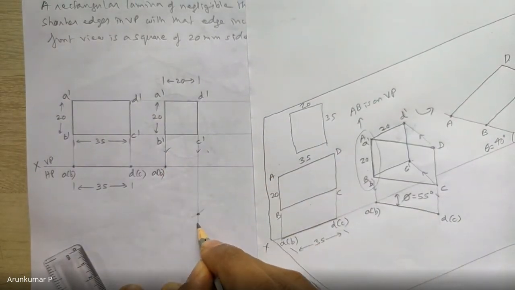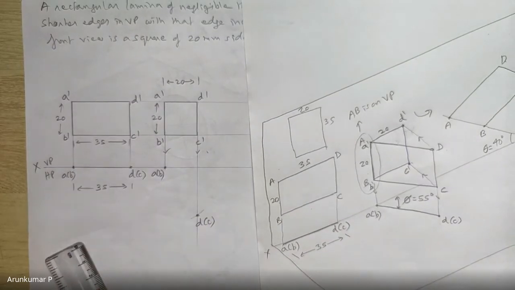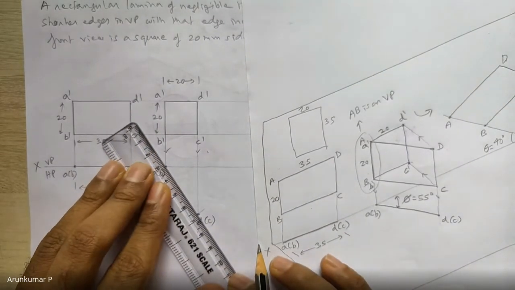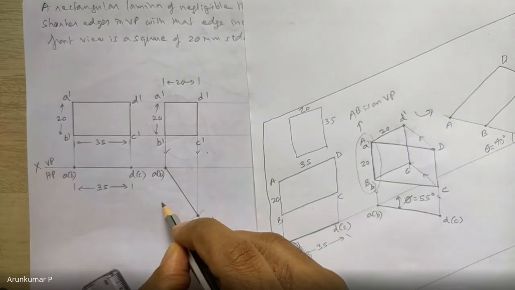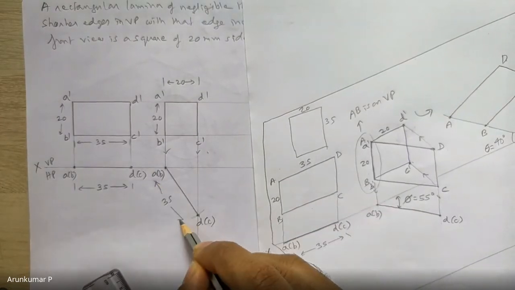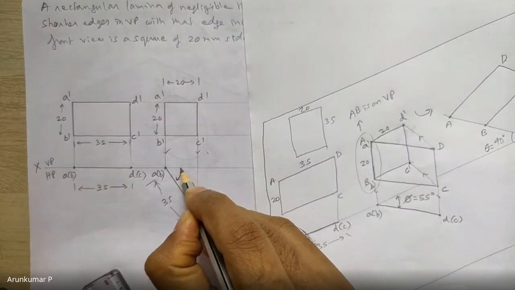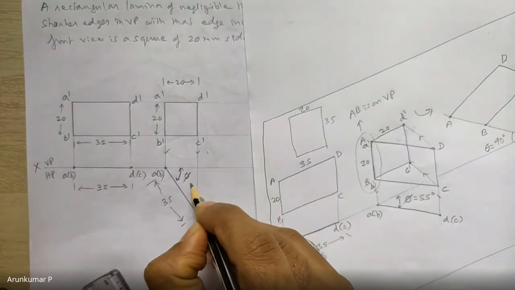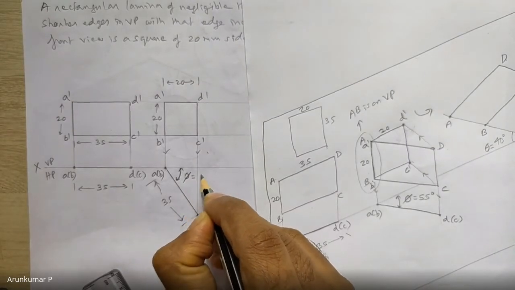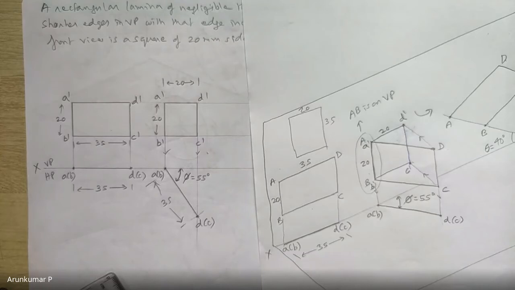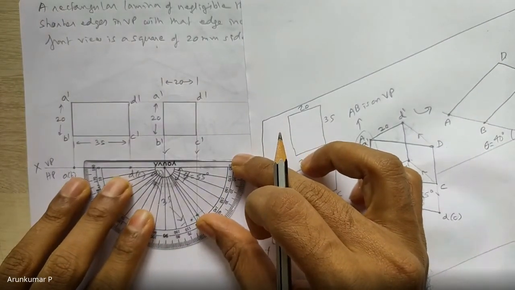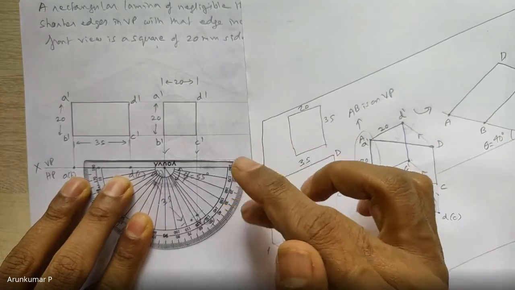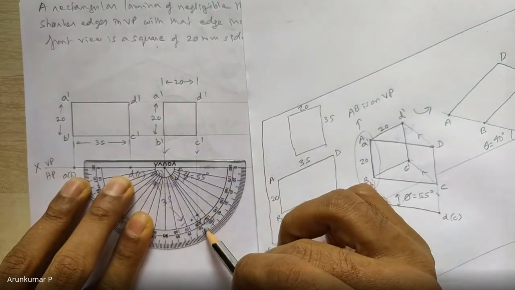So this point would be D into bracket C. So if you join the two, you will get a 35 mm line inclined at some particular angle. Now this angle is your phi angle. And if you measure it, I think you should get it around 55 degrees. You can check. Yeah, it's coming to around 55.